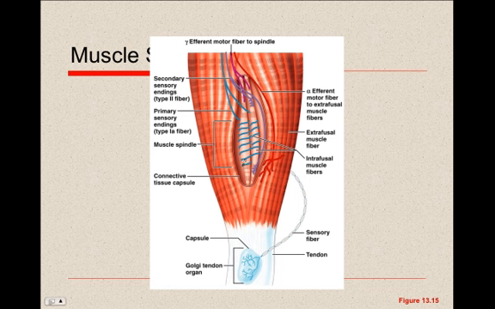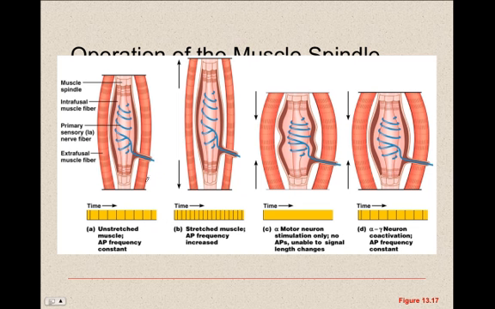And so they're going to detect stretch in the muscle cells. So if you stretch a muscle, then it'll detect that stretch and send an impulse. And if the muscle is contracted, then it'll loosen up on that muscle spindle. So the muscle spindle is firing when it's stretched because it's stretching that sensor.